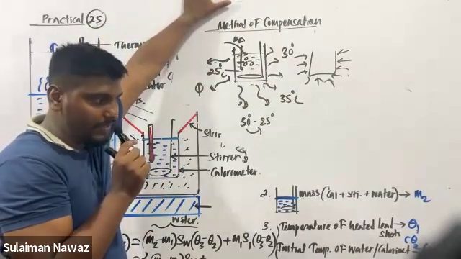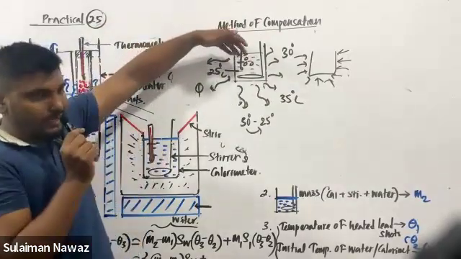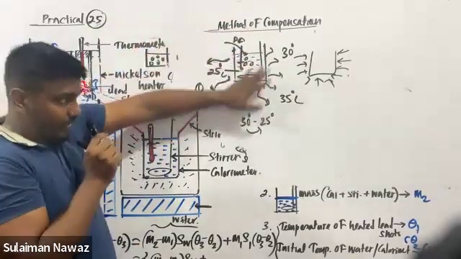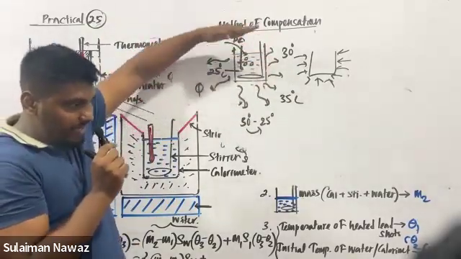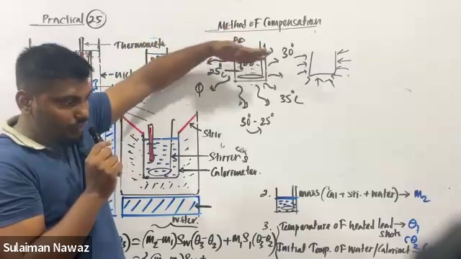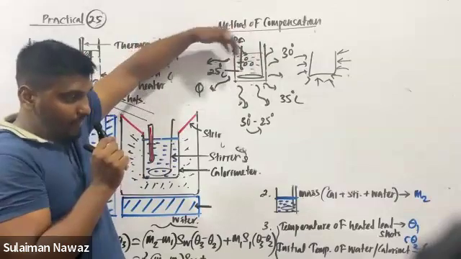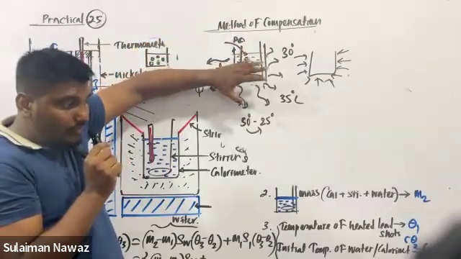But there's a problem. What is the problem? When you keep on adding lead shots, we can't maintain it. If you want to do this, your final maximum temperature must be 35 degrees Celsius, always. But when you keep on adding the lead shots, we can't control the final temperature.